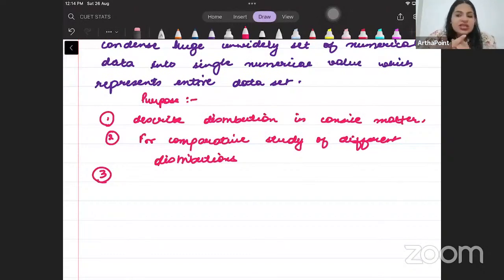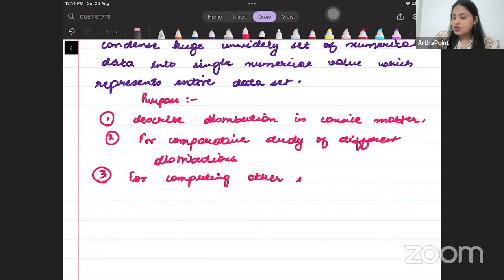And to find the riskiness of a portfolio, you can find covariance, coefficient of variance, right? So for computing other things also, like understanding how skewed my data set is, for all those purposes also, this is one thing that I need. So you can just say for computing other statistical measures.